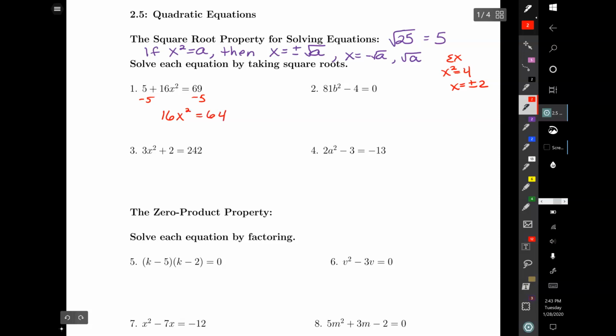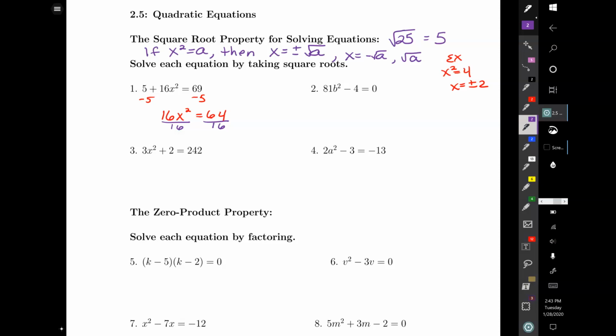And you can see these are going to work out really nice for you, that they are perfect squares. So then I'm going to take the square root of both sides. Actually, I could do that on this one because 16 is a perfect square, but typically it's easier to divide by the coefficient first, then you don't have to mess with it.